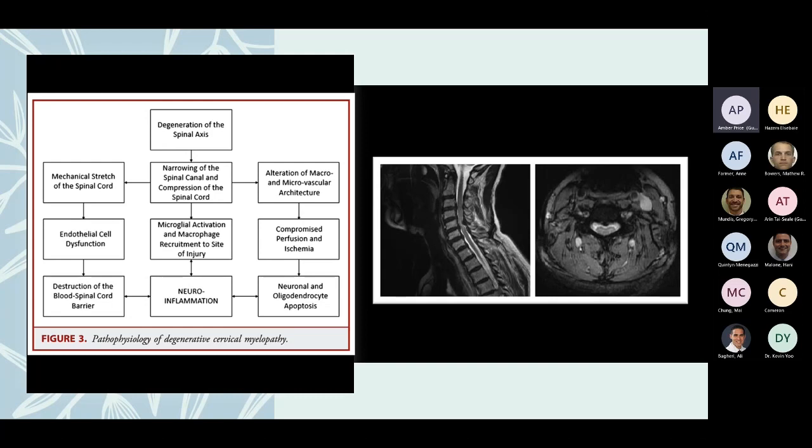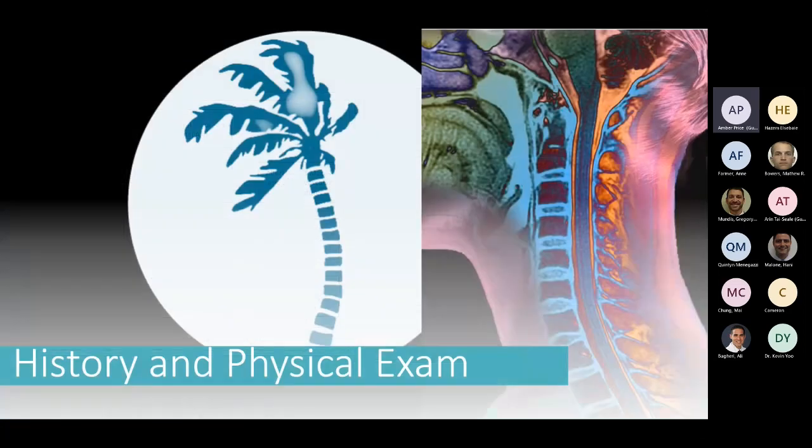And then all of these result in activation of macrophages and microglial activity, and that leads to replacement of the normal neural tissue with scar, and that ends up with this myelomalacic change that you see on the MRI.